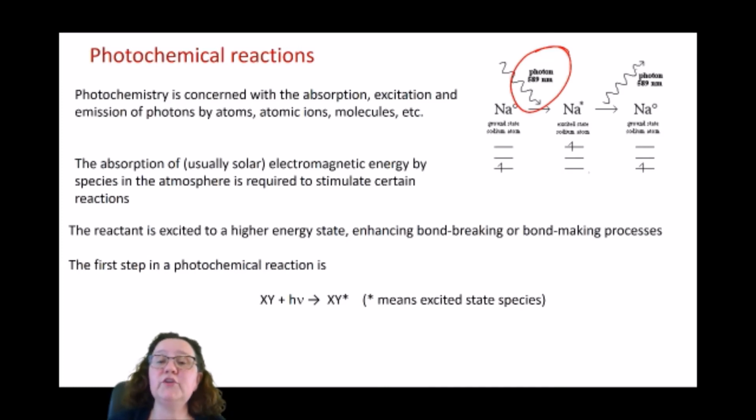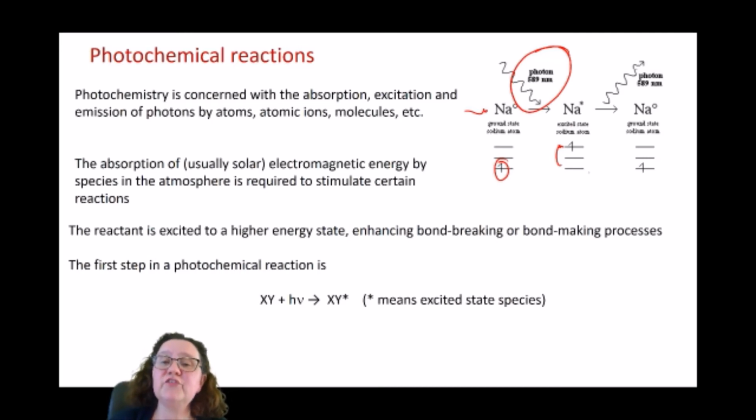So for example, here you have an atom of sodium that will have a particular electronic configuration with electrons in the different orbitals that make up the atom of sodium. And we are looking specifically at this electron which is in the outer shell. When the right wavelength hits the atom of sodium, that electron is able of absorbing that radiation and reach what we call an excited state.